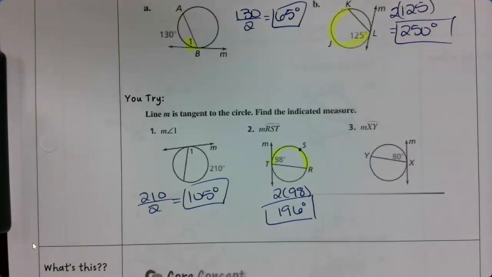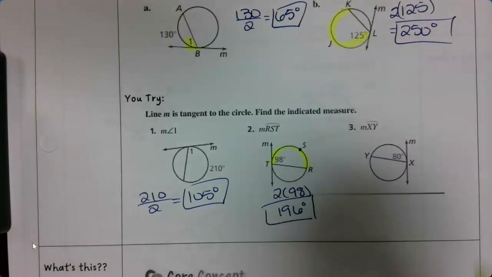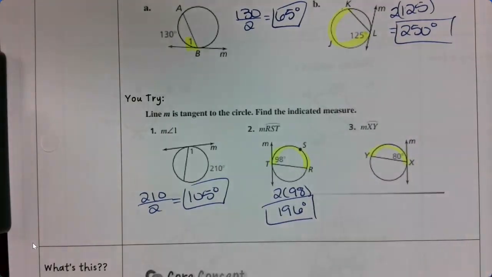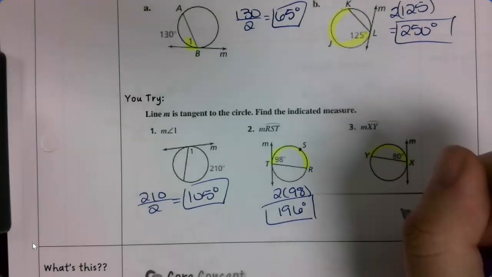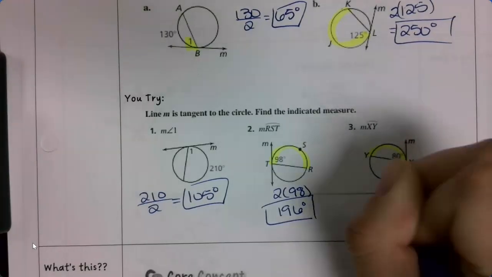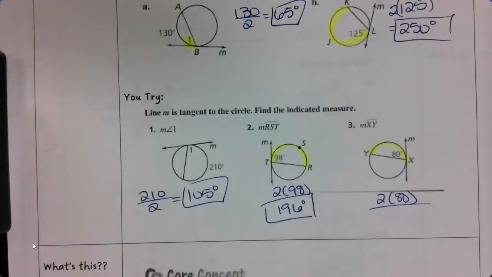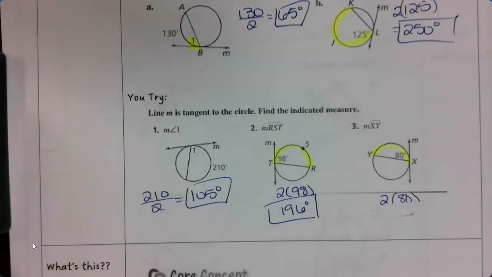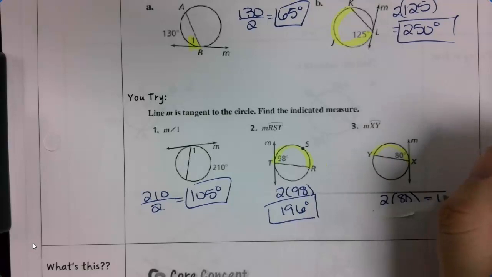And then my last one, I want to find the measure of arc XY. So again, I'm going from angle to arc. That means I multiply by 2. So this gets us 160.